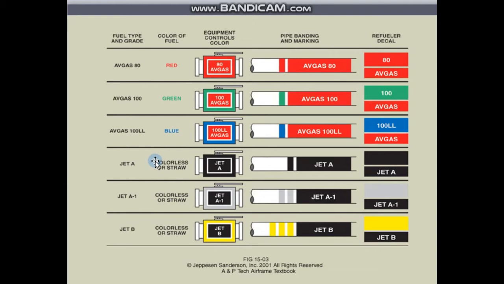Here we have the types of turbine fuel. Jet A is colorless, with no equipment control color. Here we have the pipe banding and marking, and here the refueler decal, and so on for the fuel in the turbine system.